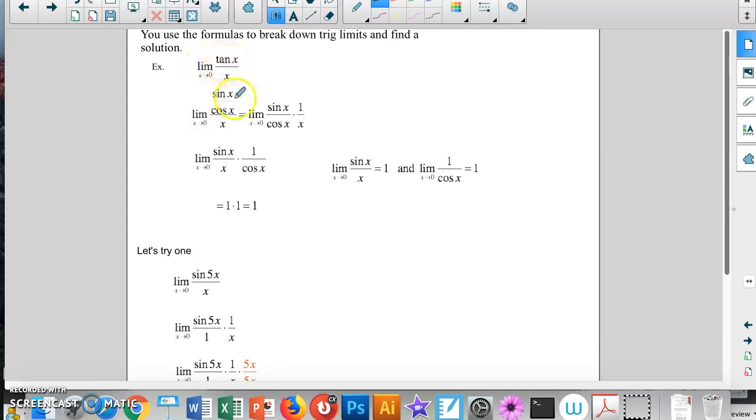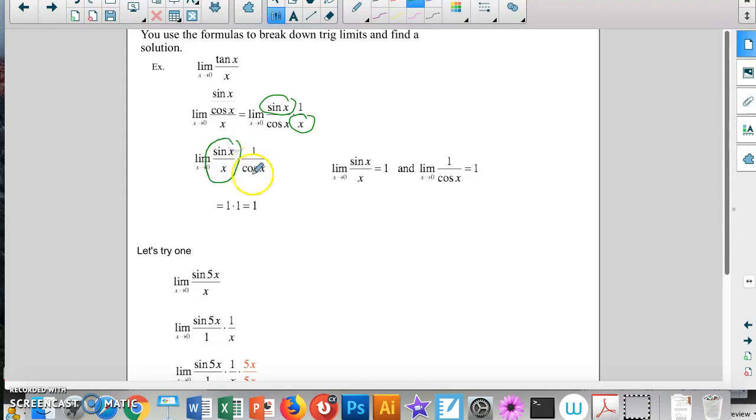So you start switching things. So tangent is the same as saying sine over cosine. So replace tangent with sine over cosine, and the x is still in the denominator. And now top divided by bottom is like saying the top times 1 over the bottom. And you put the sine x and the x together. Okay, so you put those two, this one you want to put together with this one when you rewrite it.